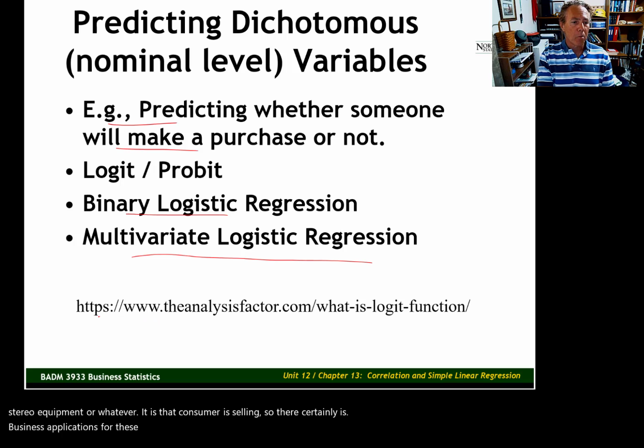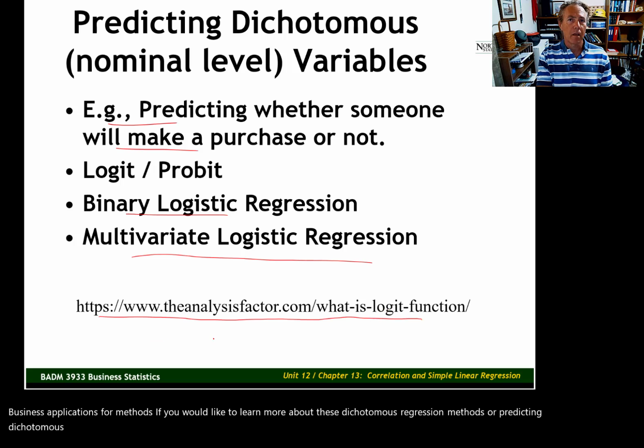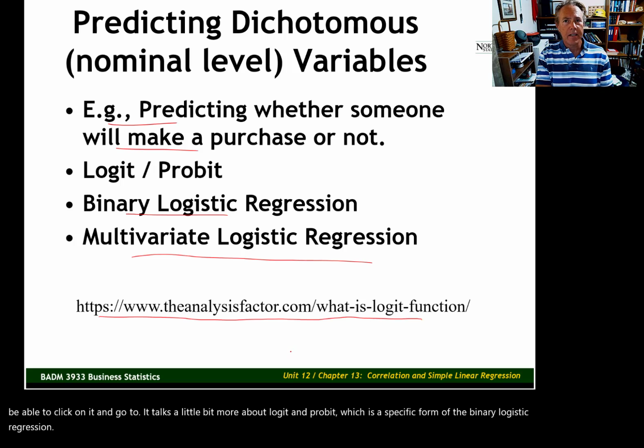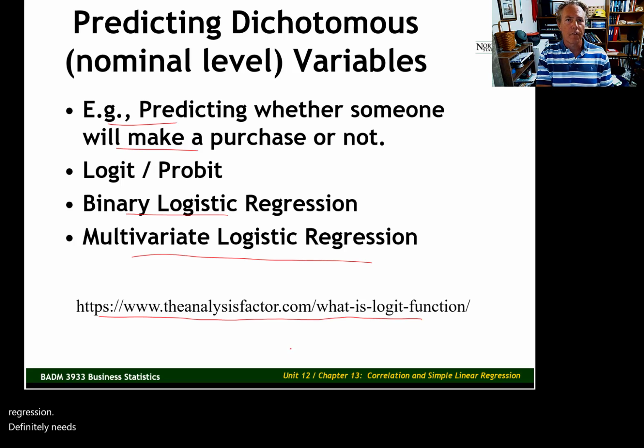If you would like to learn more about these dichotomous regression methods or predicting dichotomous variables, take a look at this link. And when I upload this PowerPoint to Blackboard, this link will be active. You'll be able to click on it and go to it. It talks a little bit more about logit and probit, which is a specific form of binary logistic regression. Definitely needs statistical analysis software for this level of analysis.